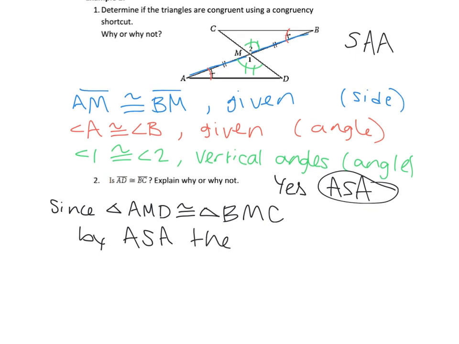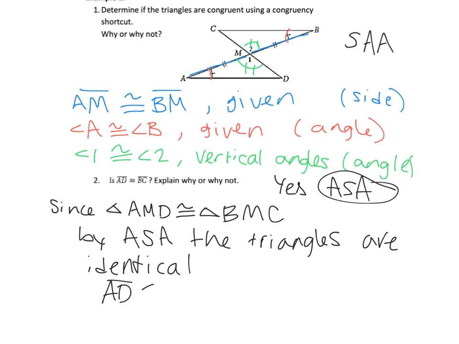The triangles are then identical, which would mean all of their corresponding parts are congruent. So then AD is congruent to BC by CPCTC, which just says the corresponding parts of congruent triangles are congruent.